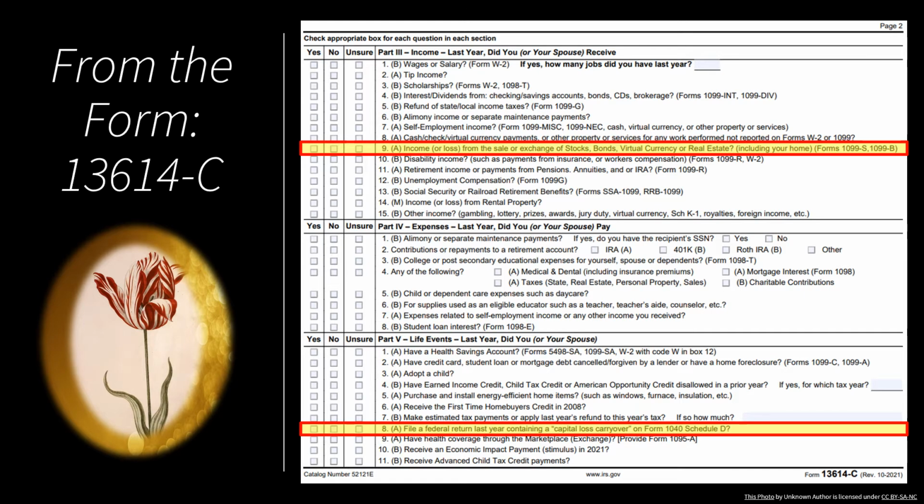And then under life events, it's important to note there's a question. Question 8 says, did the taxpayer file a federal return last year containing a capital loss carryover on Form 1040 Schedule D? So we're going to talk a little bit about those capital loss carryovers in some slides down the way, and what that means for this return, what it might mean for future returns, and why we need the previous return.